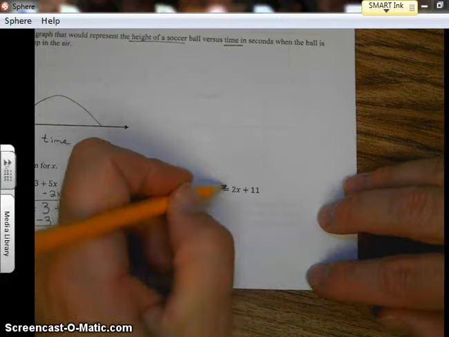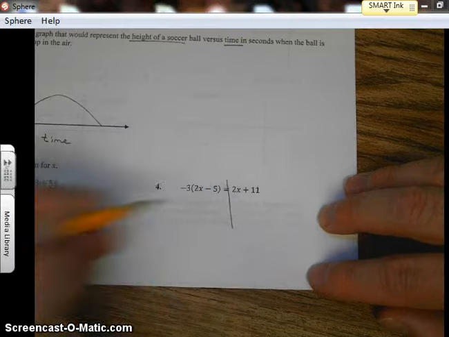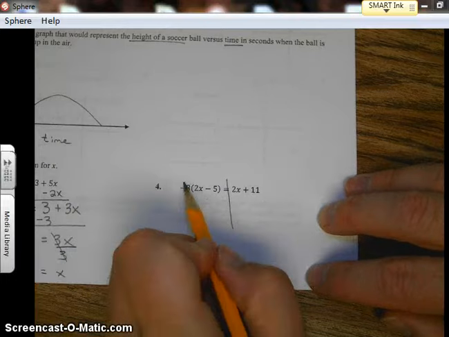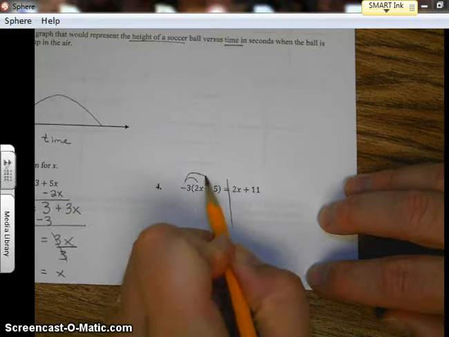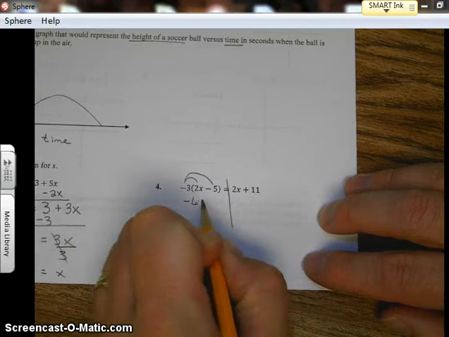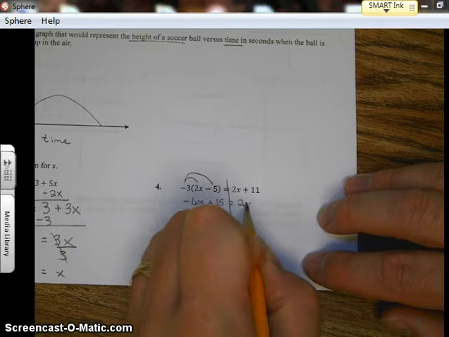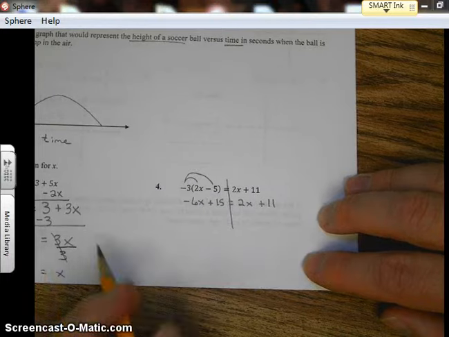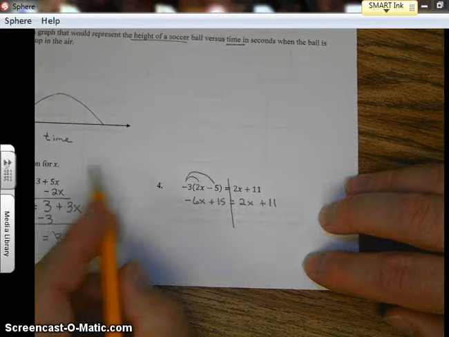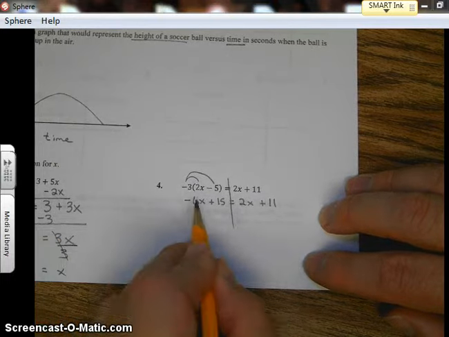In this case, we have to do a little simplifying before we start to solve. So we need to distribute first. And then we pick it up where we did with number 1. We have to cancel out an x.